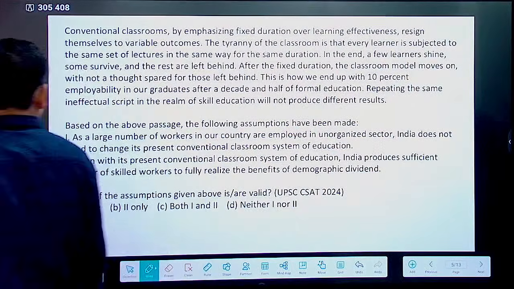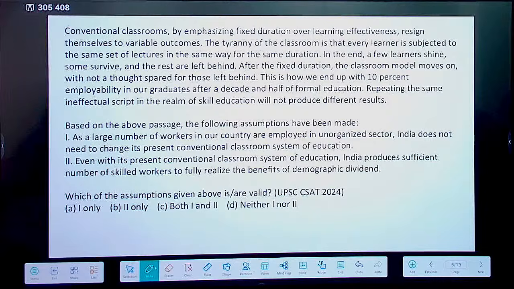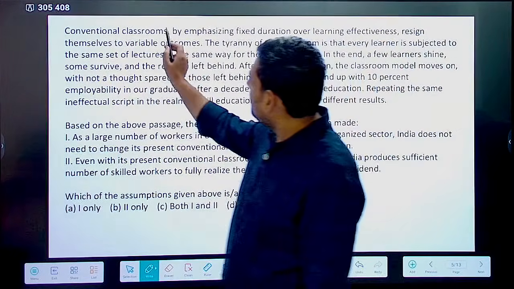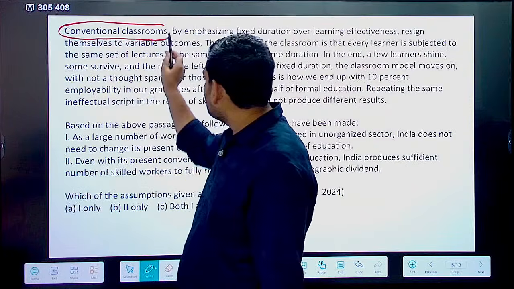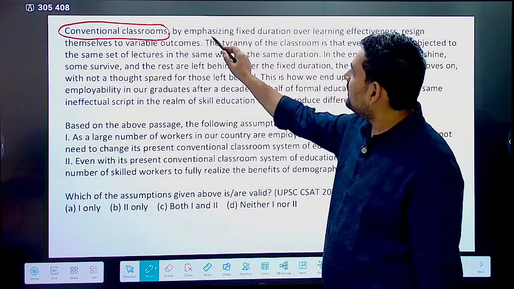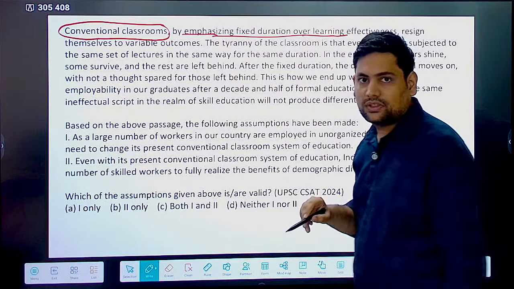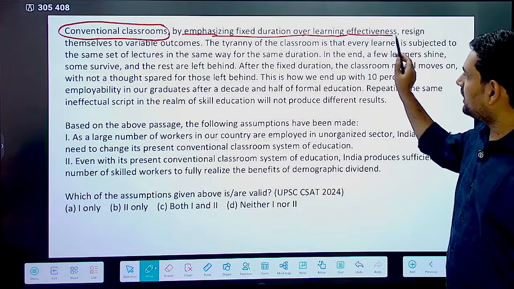Okay, then let's do this. Now, conventional classrooms, by emphasizing fixed duration over learning effectiveness, resign themselves to variable outcomes. So this is about conventional classrooms, emphasizing fixed duration over learning effectiveness, correct?